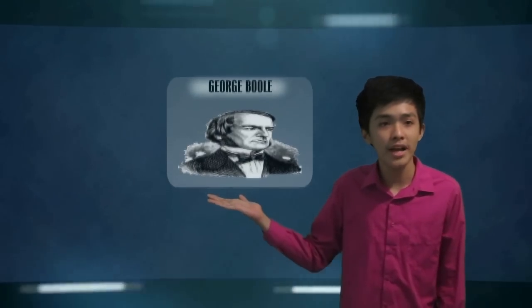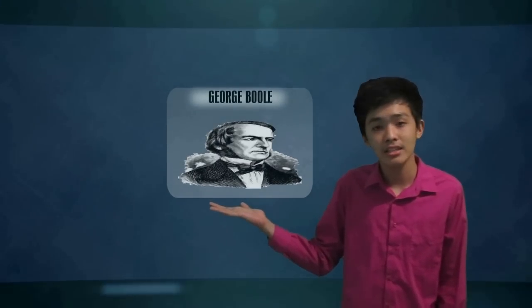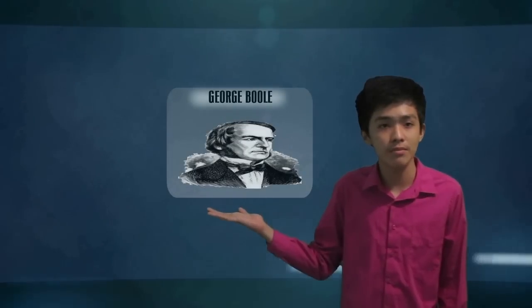In the early 1840s, mathematician George Boole combined propositional logic and set theory to form a system which we now call Boolean algebra. Put simply, Boole saw that working with logic expressions is much the same as working with numbers.